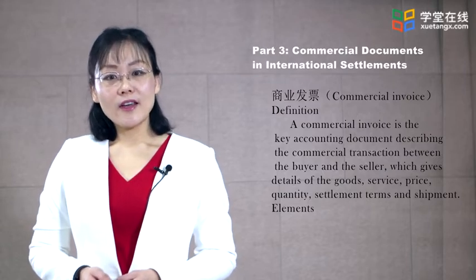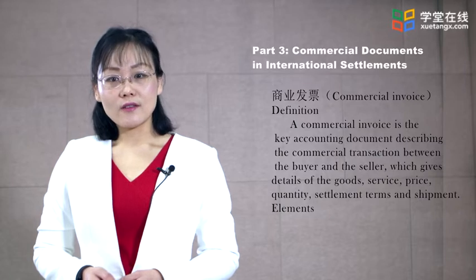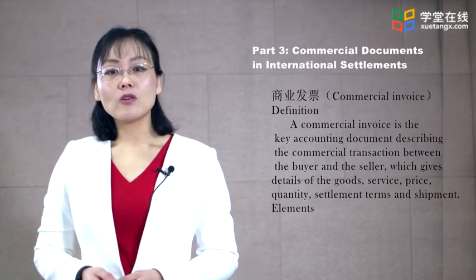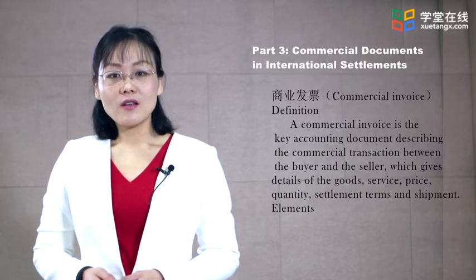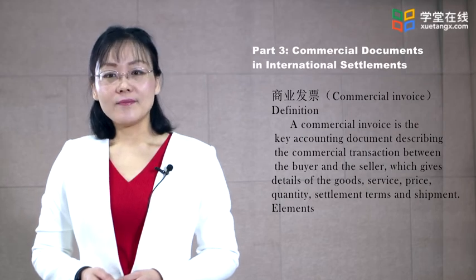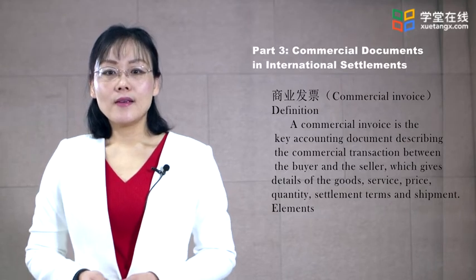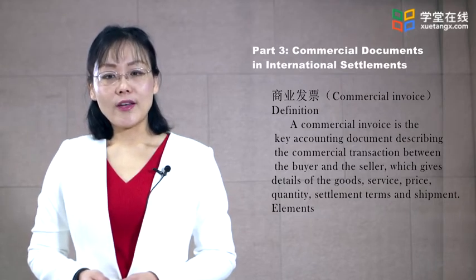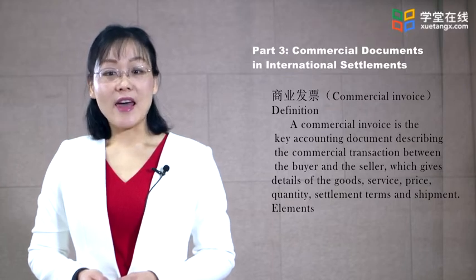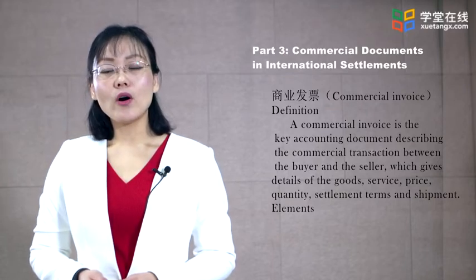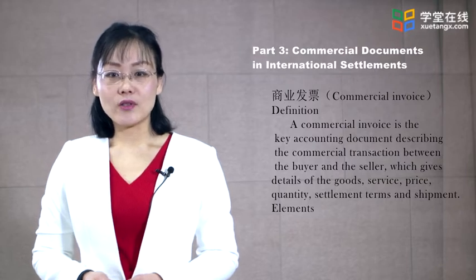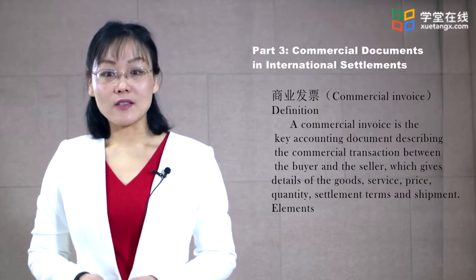The more complicated commercial invoice is due to the multiple functions it plays in international trade. In international trade, commercial invoice is the evidence for the importer to check goods and make payments.